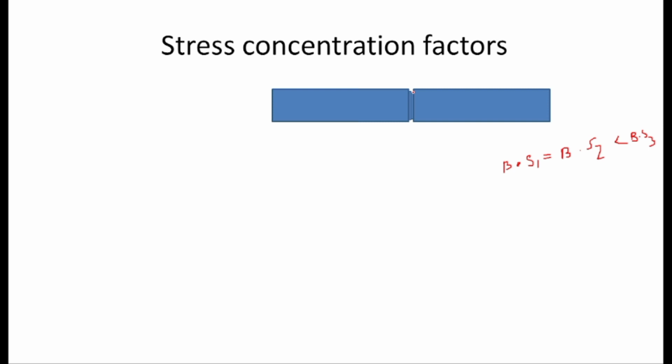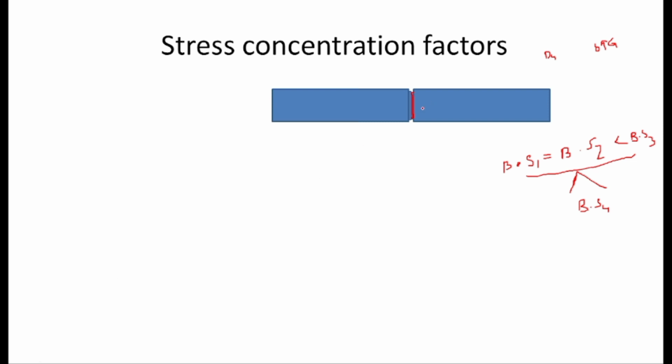Now if you see that area 4 has the smallest diameter, the stress there will be the greatest. So the bending stress in area 4 will be greater than at these 3. So what is this called?